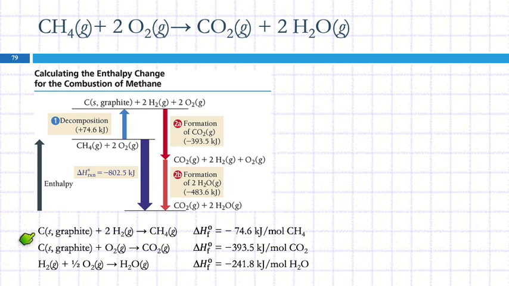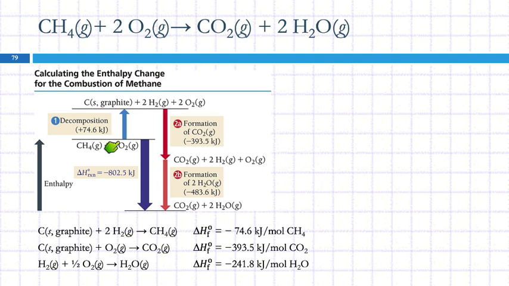We could take these 3 chemical equations and rearrange them and combine them to get this. This one we'd need to do in reverse, that one's okay, but this one would need to be multiplied by 2. Then we do those things to the enthalpies and add them all up.